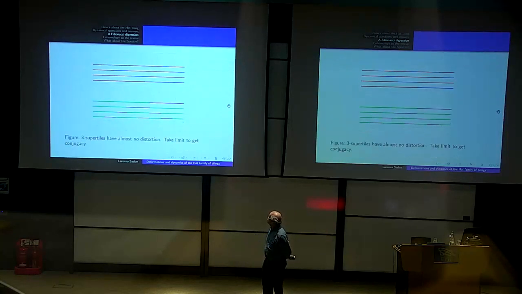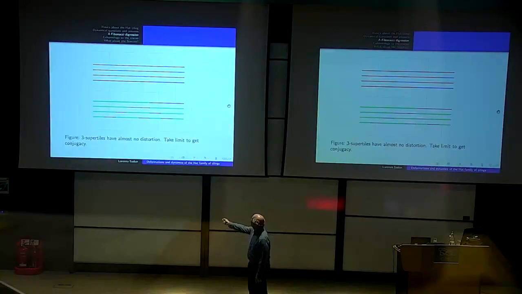You do third order supertiles, and if you squint really hard, you might be able to see some distortion. You might be able to see that this supertile is a tiny bit longer than this supertile. Or maybe it's shorter, I forget which. I can't really tell by looking at it. They're really, really close.